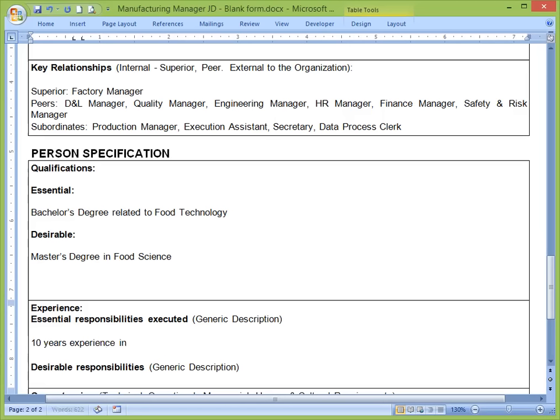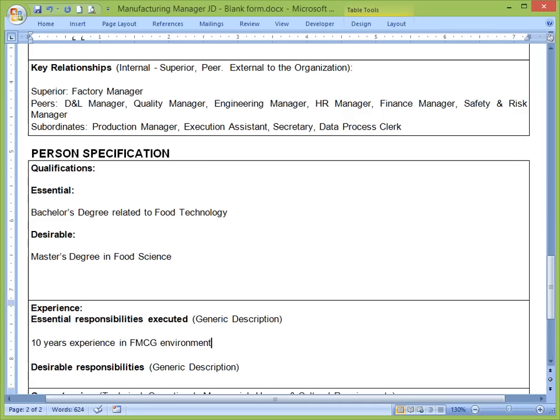In what? In FMCG. It doesn't matter whether it's a dairy manufacturing plant or juice, cheese, dessert, all kinds of juices, all kinds of dairy.